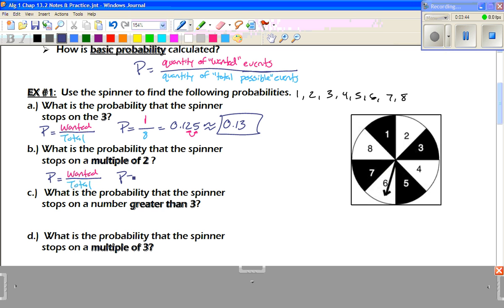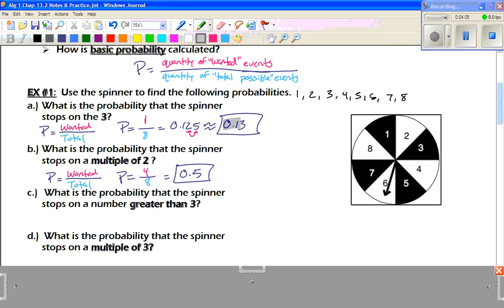So the P equals your wanted, which is 4 possible outcomes, out of a total of 8. And when you divide 4 divided by 8, what do you get? You should get 0.5. Okay, and that means that it's likely to happen half of the time.